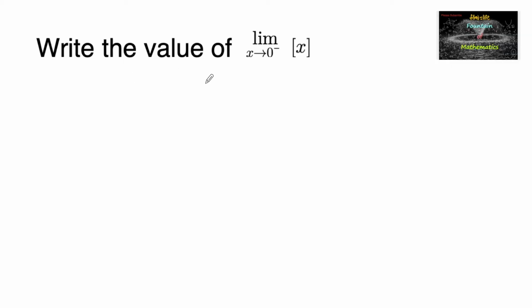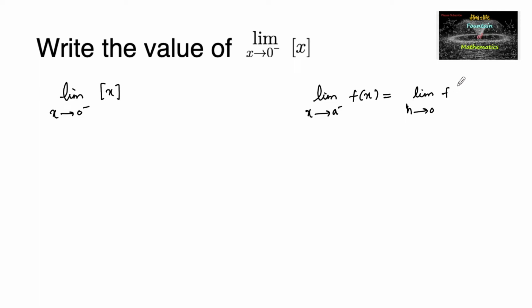Write the value of limit x tends to 0 minus step x. It's a greatest integer function. Limit x tends to 0 minus step x. Since we know that limit x tends to a minus f of x is equal to limit h tends to 0 f of a minus h, we can write here limit h tends to 0 step of 0 minus h.